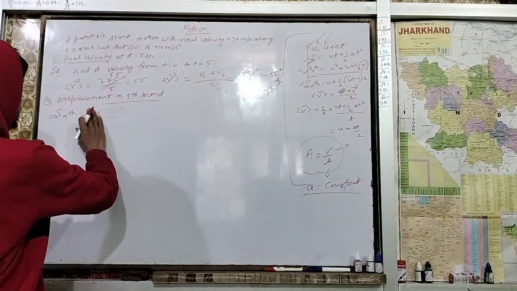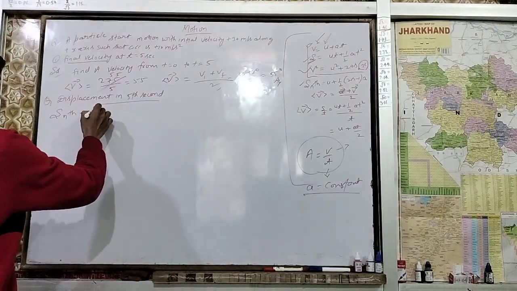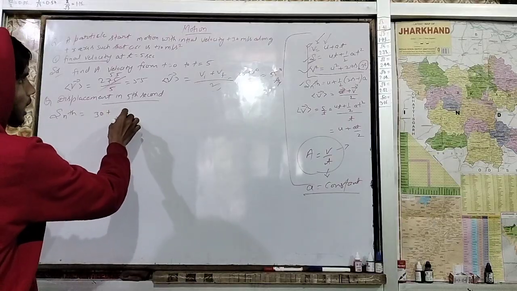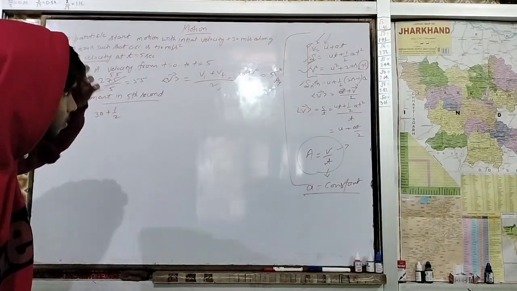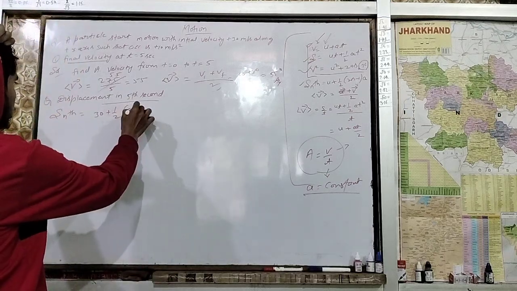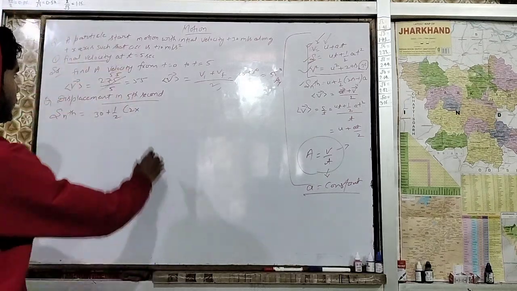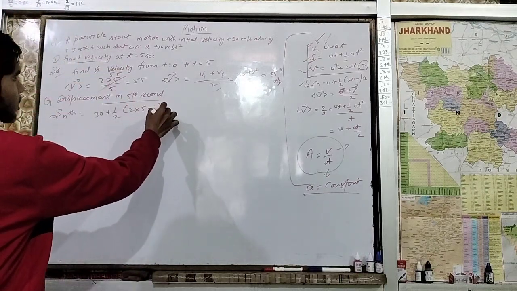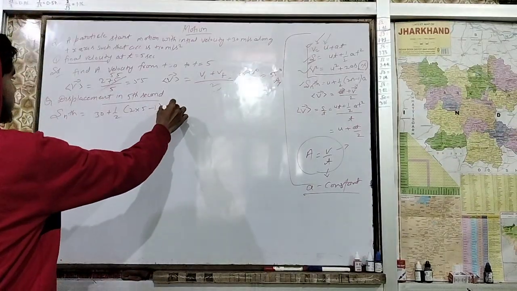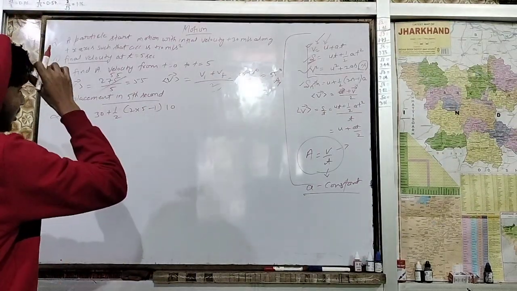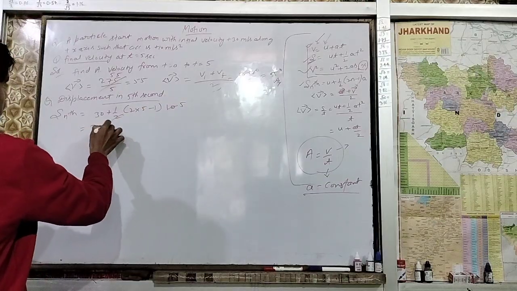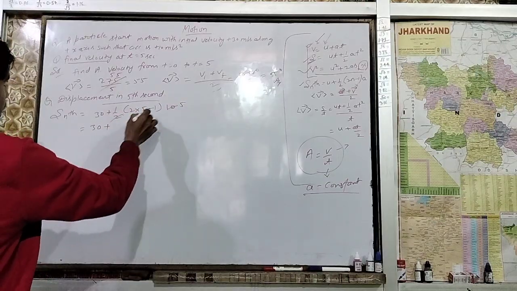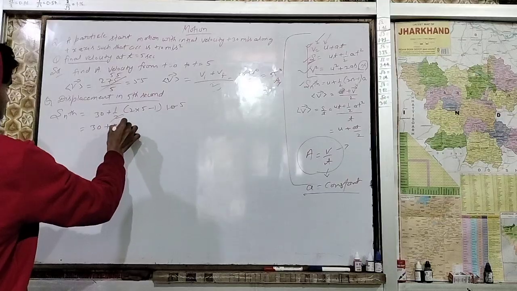Sn is equal to u plus 1 by 2 times 2n minus 1 times a. So initial velocity is 30, and then we have 1 upon 2 multiplied by 2n minus 1. n is fifth, so 2 times 5 minus 1. Then we have acceleration, which is 10. 30 plus 1 by 2 times 9 times 10, 9 5s are 45.